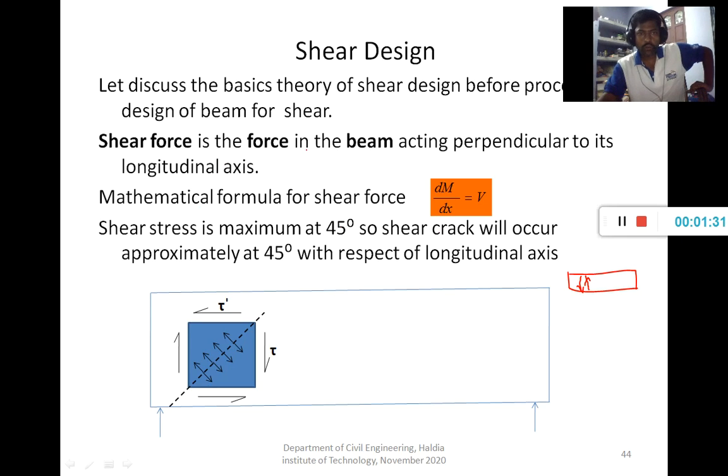So the shear force in a beam acts perpendicular to its longitudinal axis.